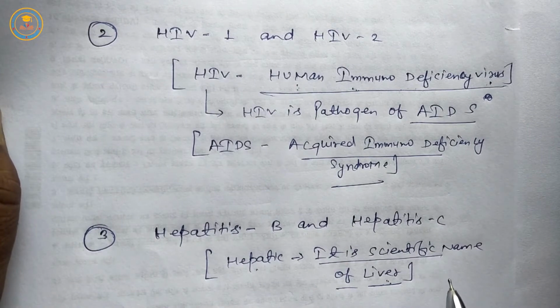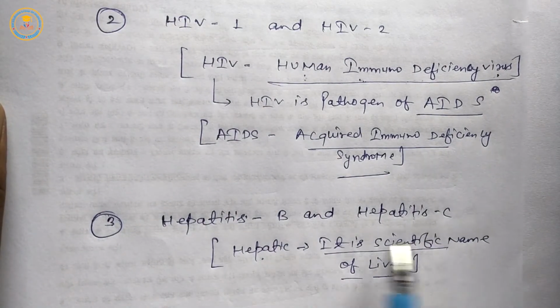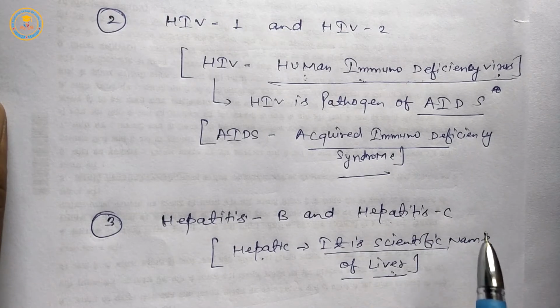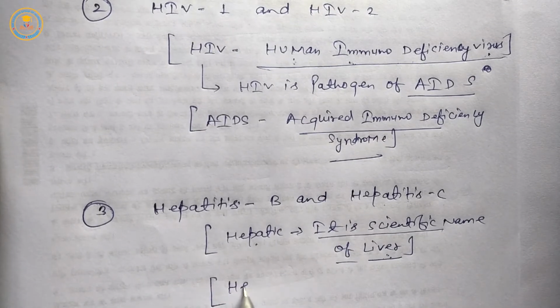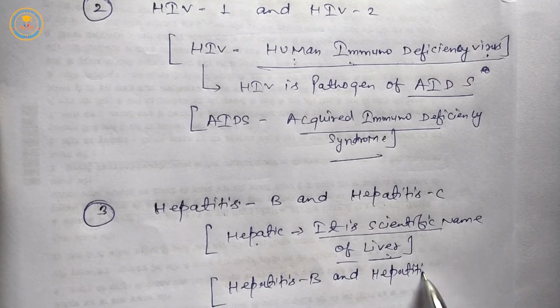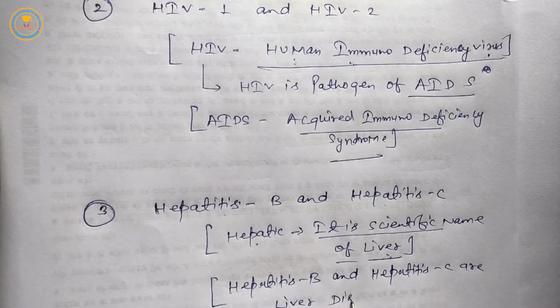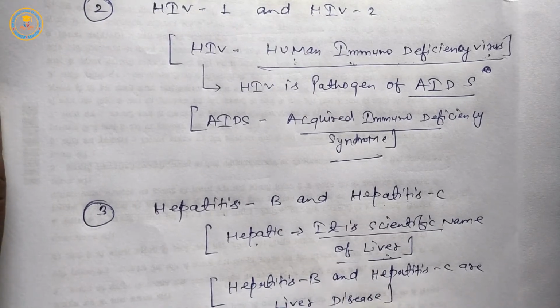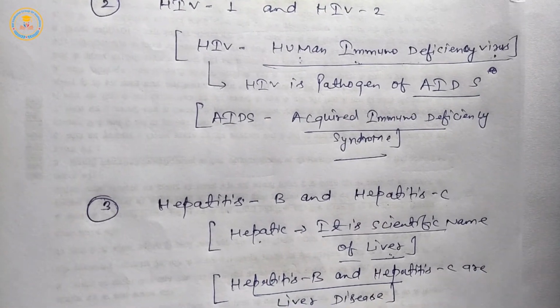Liver is the largest gland and it is a digestive gland. So hepatitis B and hepatitis C are related to liver. It means hepatitis B and C are liver diseases. Hepatitis B and C are viral diseases and liver diseases.